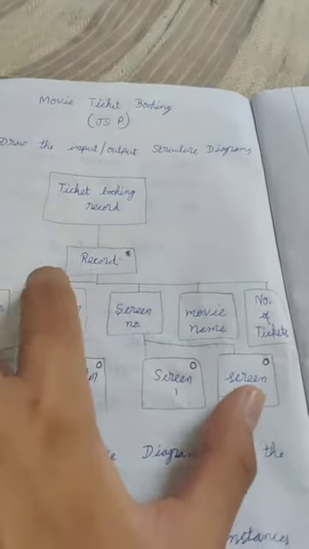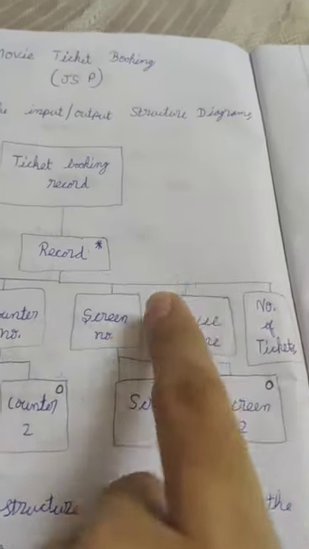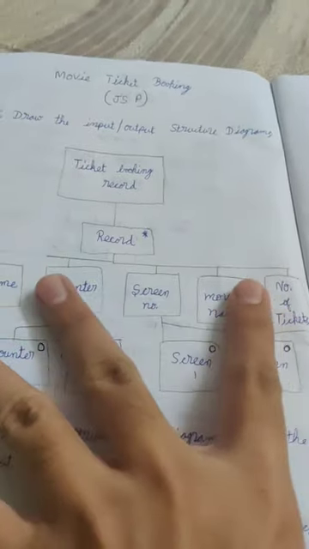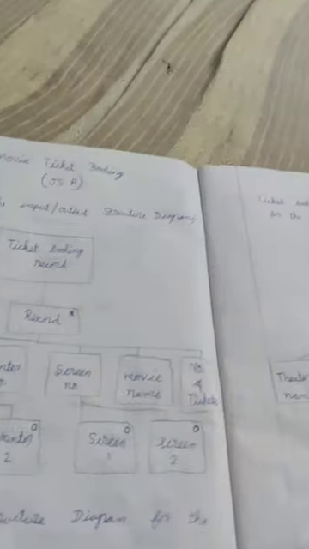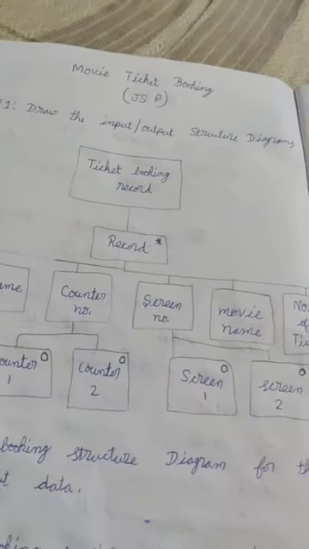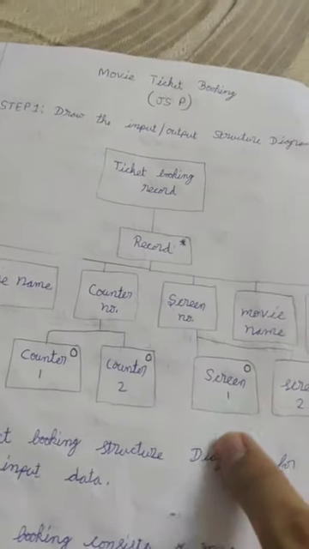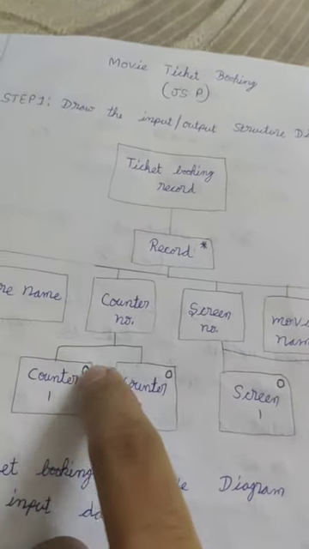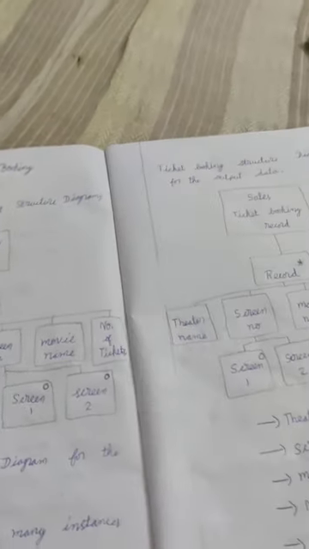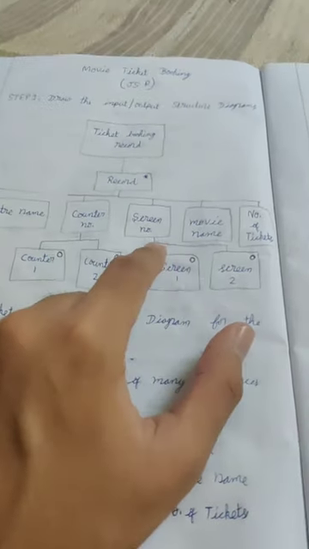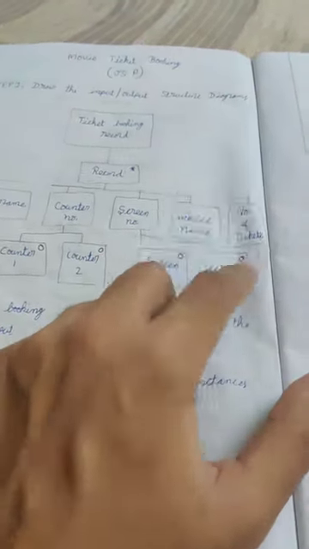In the input structure diagram, the main rule is that stars should be present when we have divided into parts, and the circle should be present when there are two options, like counter 1 and counter 2, screen 1, screen 2, so it is marked as a circle in the box. This record consists of theater name, counter number, screen number, movie name, number of tickets.